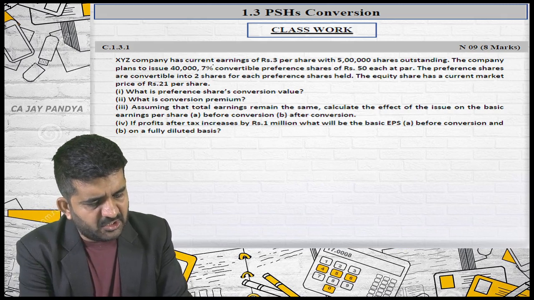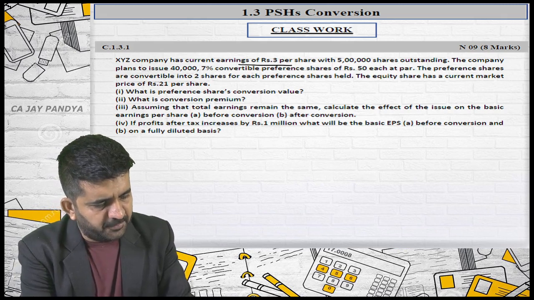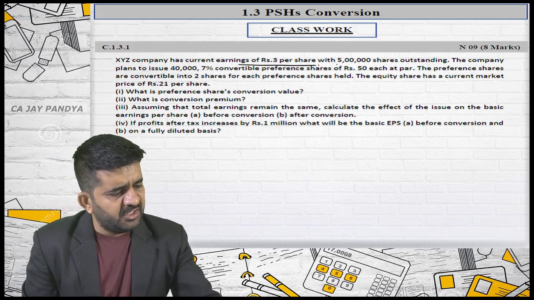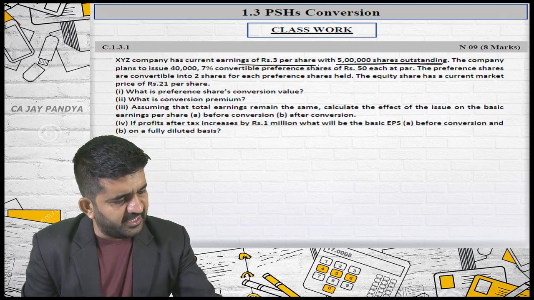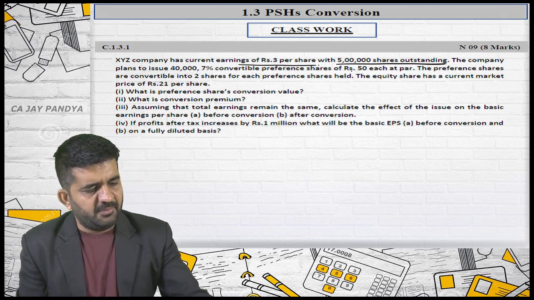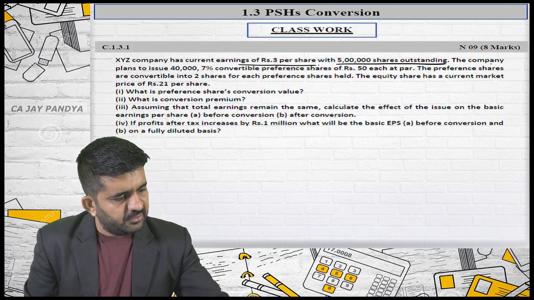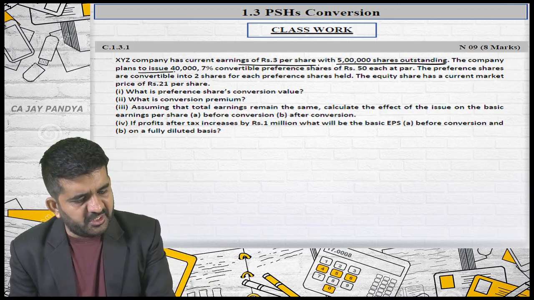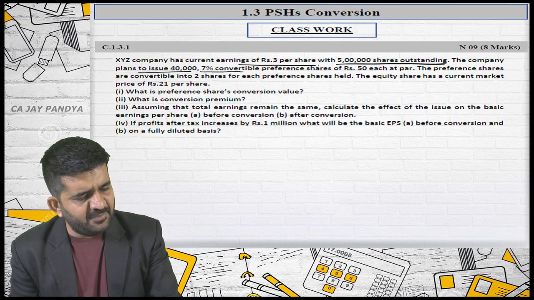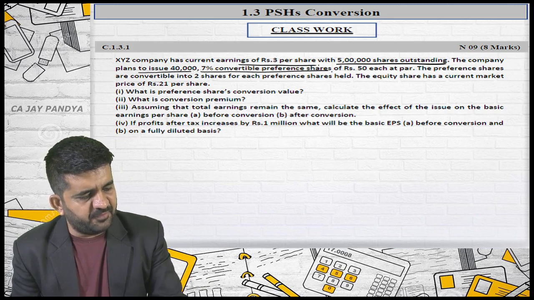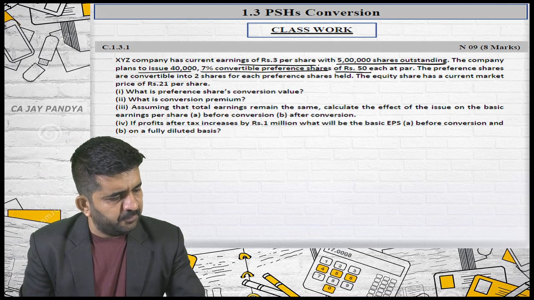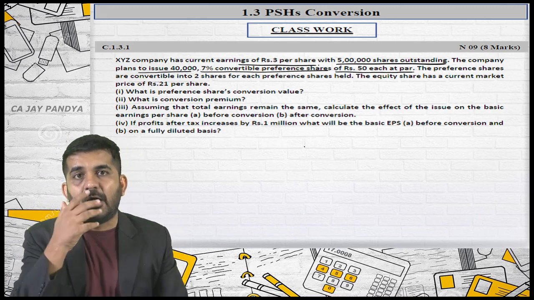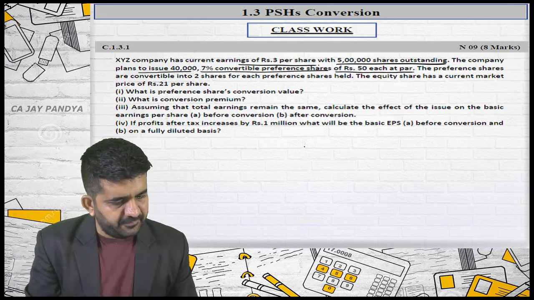XYZ company has current earnings of rupees 3 per share with 5 lakh shares outstanding. So total earning will be 15 lakhs. The company plans to issue 40,000 7% convertible preference shares of rupees 50 each at par. So the face value is 50.